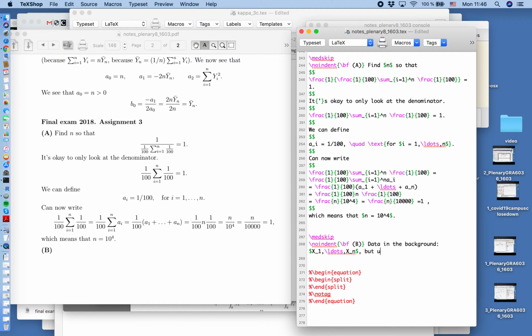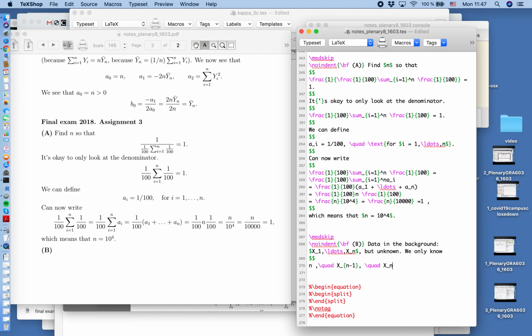We only know the values of n, the sample size, the second to last observation, the last observation, and the mean of all the observations. Okay, so this is what we know.